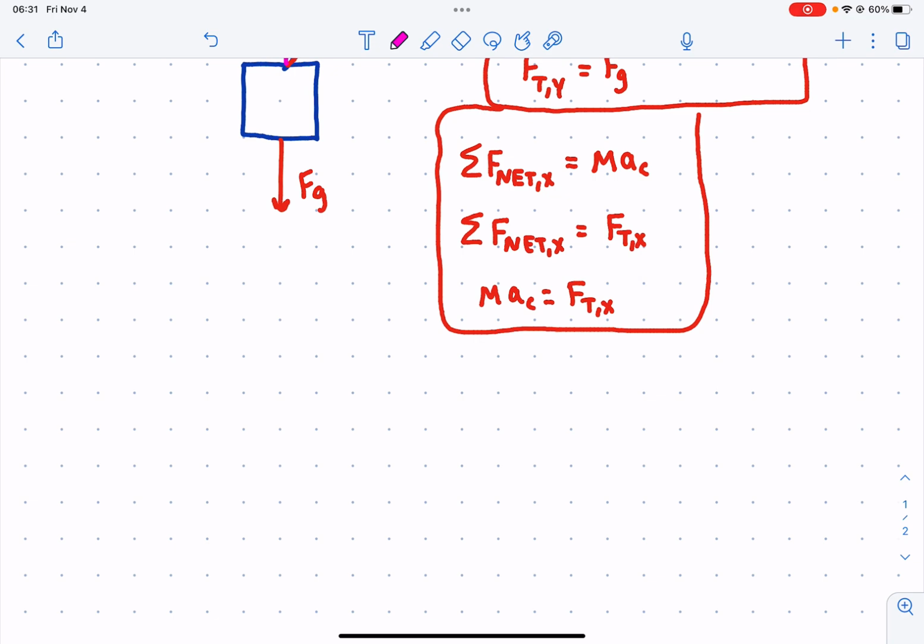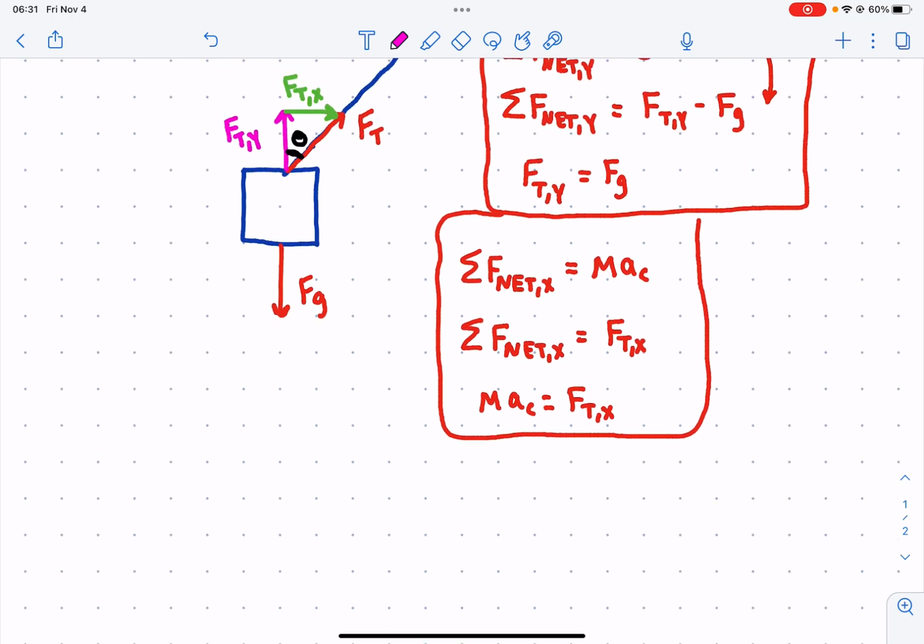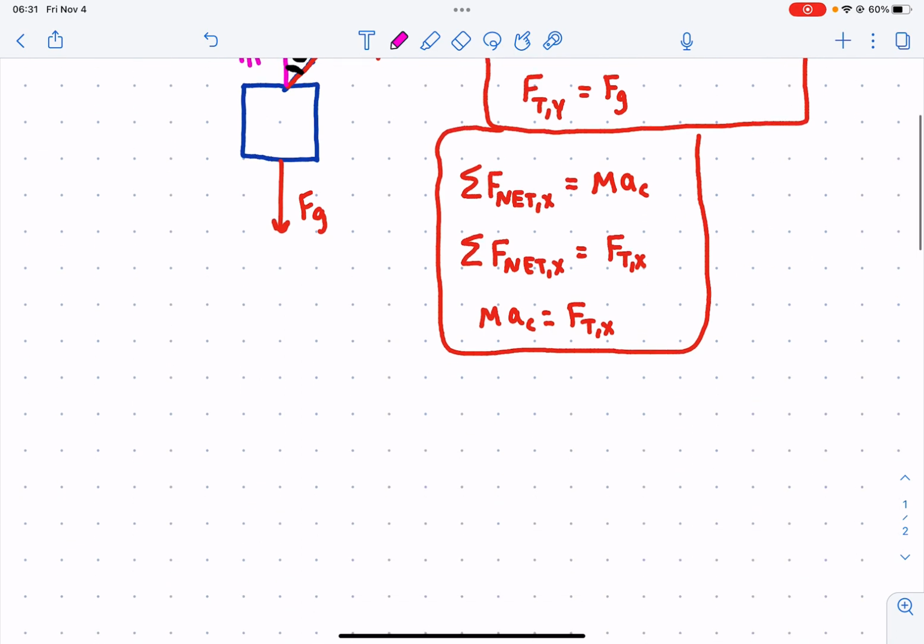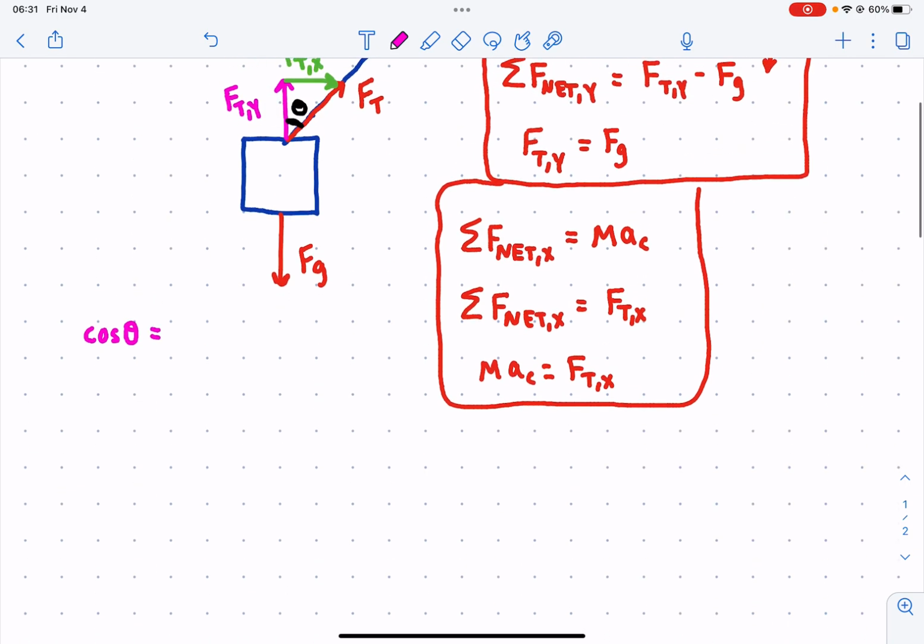So if I want to solve for the y component, I have to acknowledge that the y component is going to be adjacent to theta. So if I want the trig function, I'm going to say that the cosine of theta is equal to the adjacent over the hypotenuse, right?